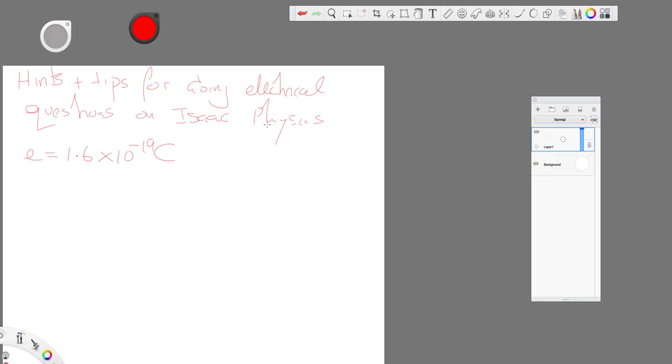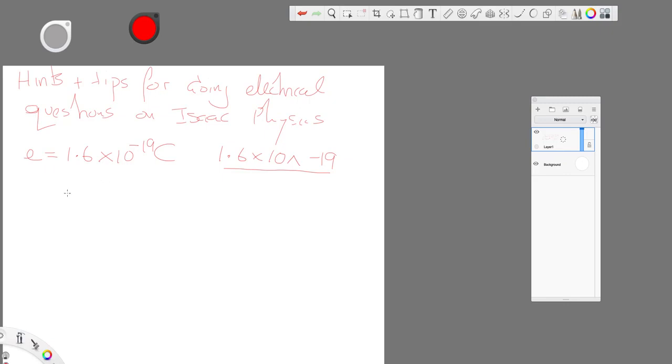On Isaac Physics, it needs to be 1.6 times 10, upside down V symbol, which you'll find using Shift 6 on your keyboard, minus 19. That's how you write exponentials on Isaac Physics. So there's the first thing.